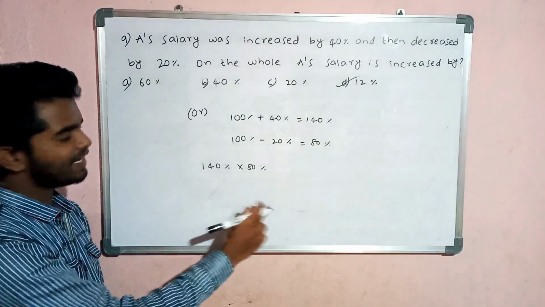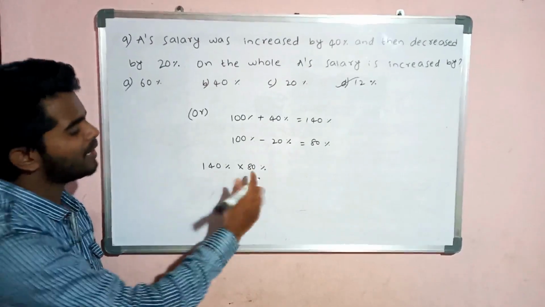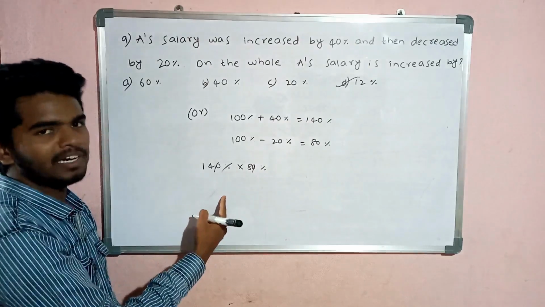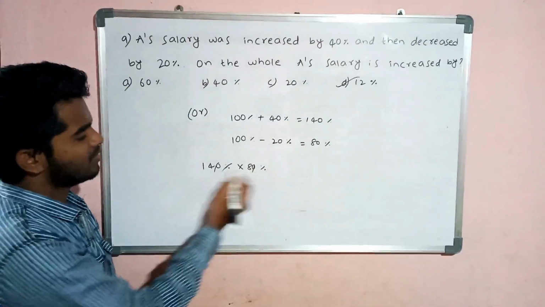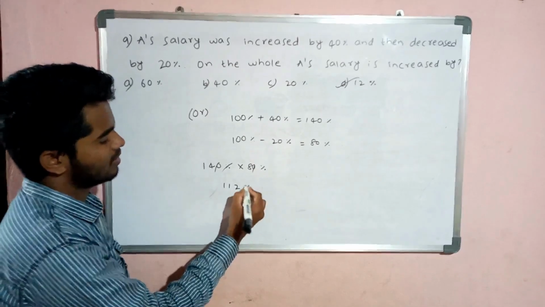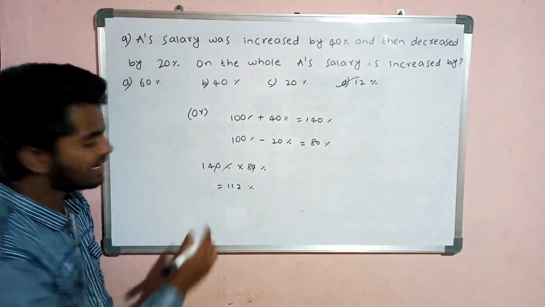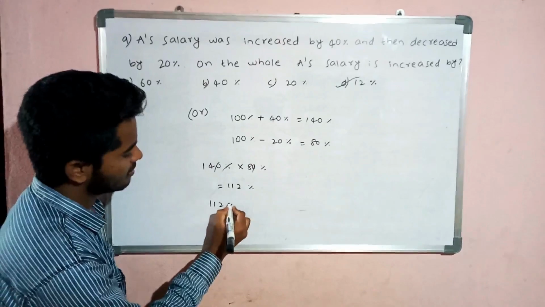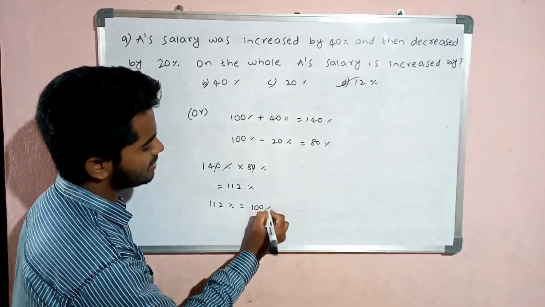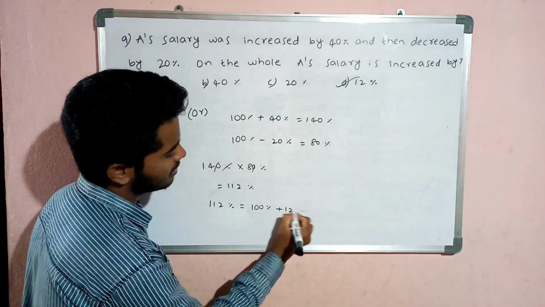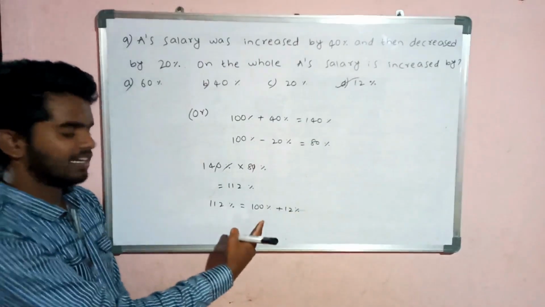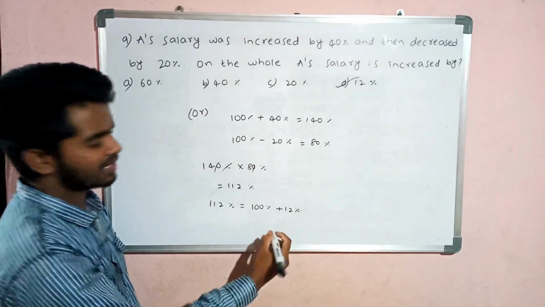Percent means per 100, so the two zeros cancel. 14 into 8 is 112, so 112%, which can also be written as 100% plus 12%.